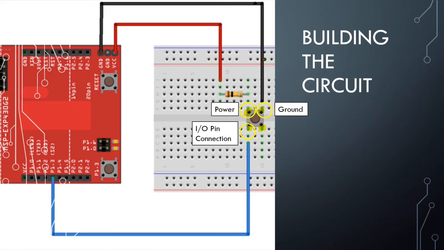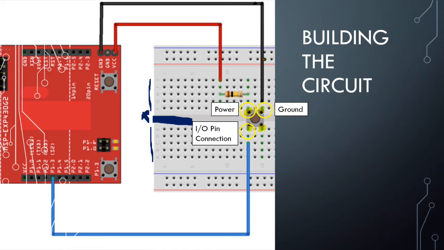Because of that, you're going to want to make sure that they're spanning this bridge in the middle of your board, because remember, all of these pin inputs are connected on your breadboard, but they are not connected to each other.